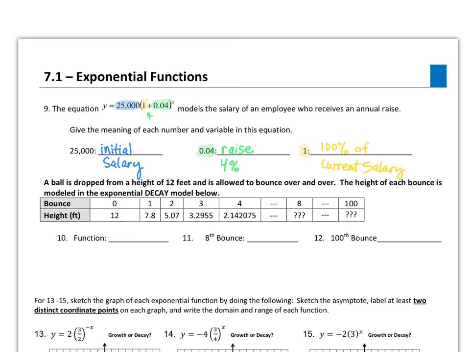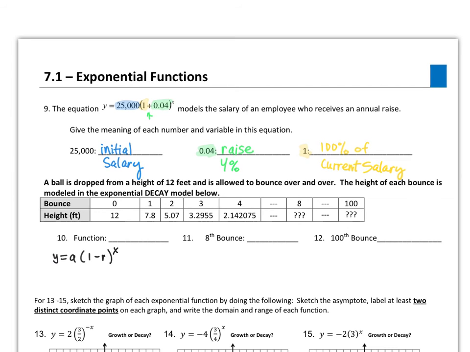So we would have the form y equal to a times 1 minus r to the x power, because it's a decay.